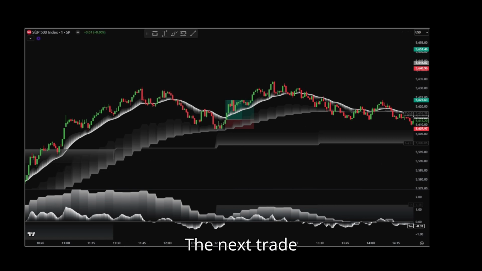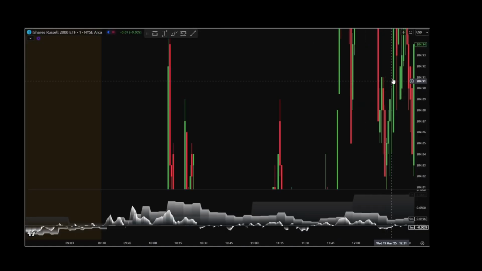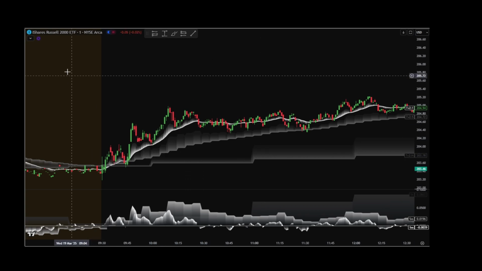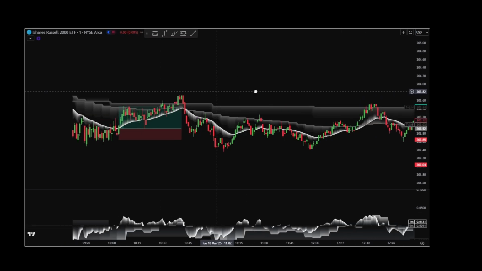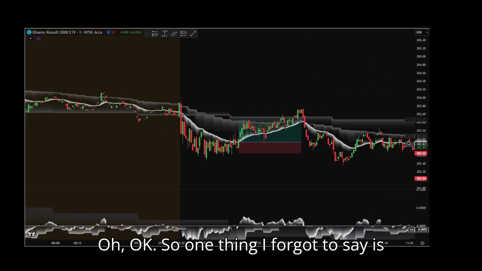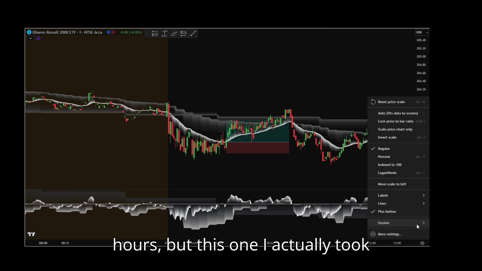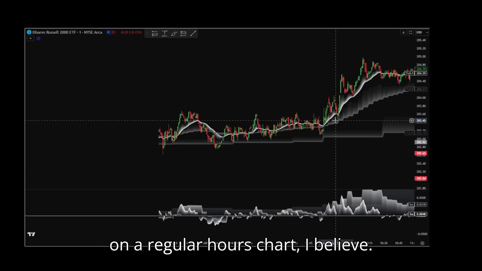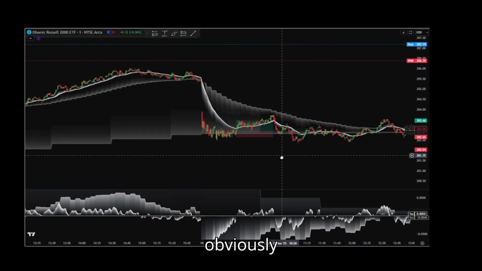The next trade was yesterday on IWM. Oh, okay, one thing I forgot to say is that most of those charts were extended hours, but this one I actually took on a regular hours chart, I believe.